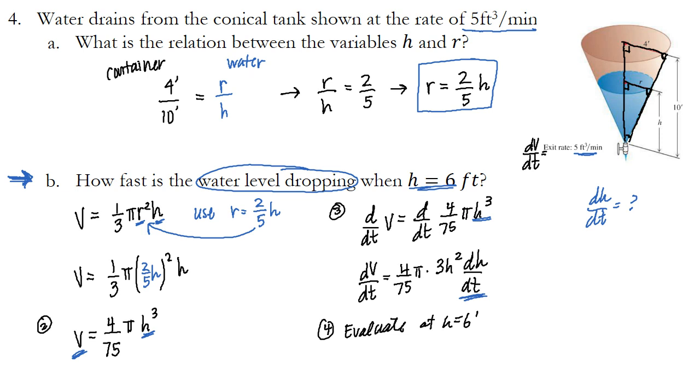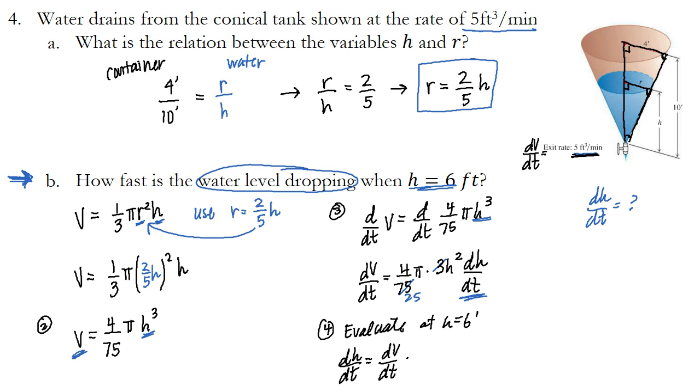We already know the change in volume with respect to time is a loss of 5 cubic feet per minute. Pi is pi, 3 is 3, h is 6, so we find dh dt to be the change in volume with respect to time times, let's simplify this a little bit, 75 divided by 3 is 25.